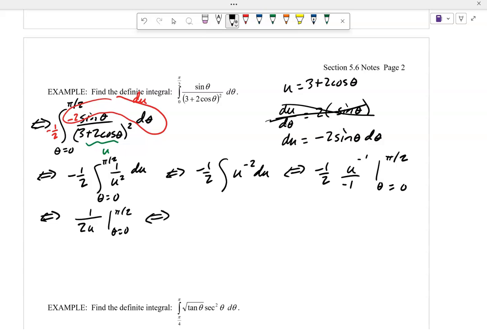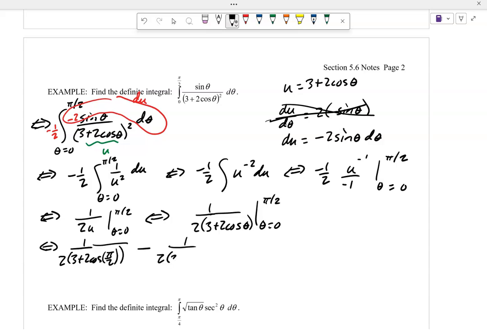Let's plug the u back in. Let's throw our pi halves in. So we got 1 over 3 plus 2 cosine of pi halves minus, and then cosine of pi halves is 0.